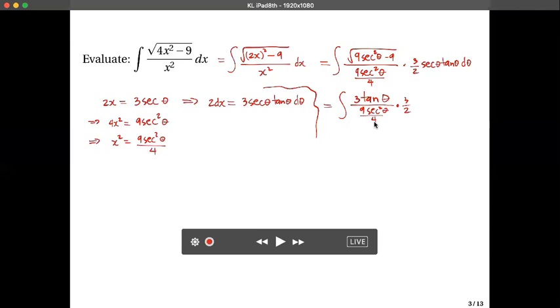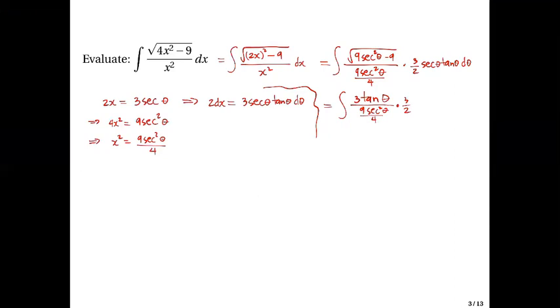So here you have the secant theta, the denominator here is just 2. So what remains from this part is 3 tangent theta, and then we have the d theta.